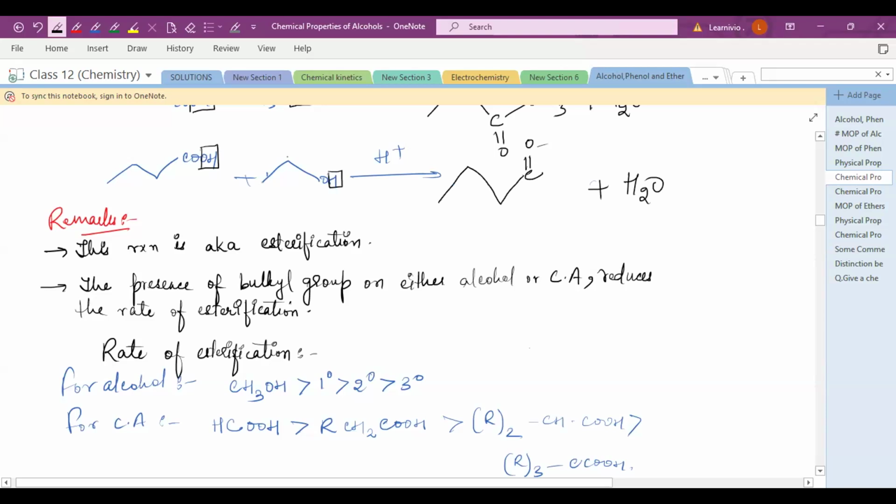The attachment will come from the negative part, because this carbon is positively charged, and the negative oxygen will attach to this carbon. Fine. This will be the product.